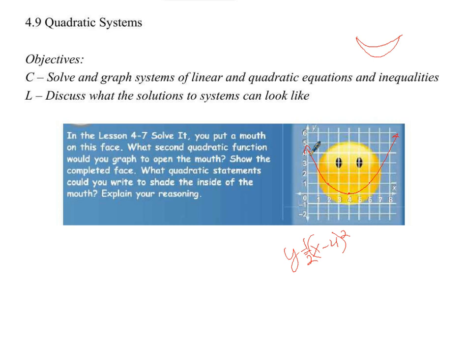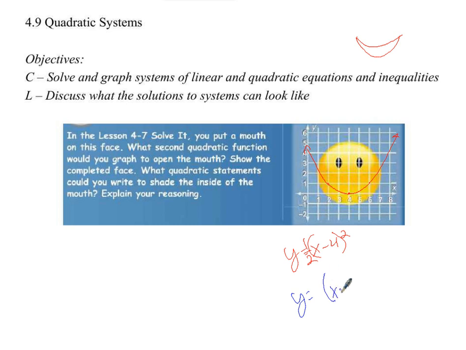Now I need another parabola that makes a smile. That's open. Where's my vertex need to be? Okay. So y equals, let's get the vertex in the right spot first. What are we going to say?